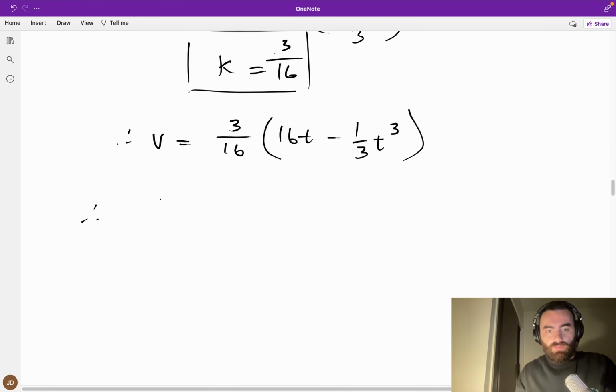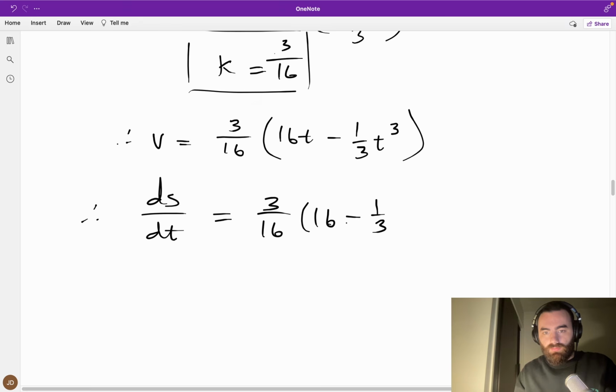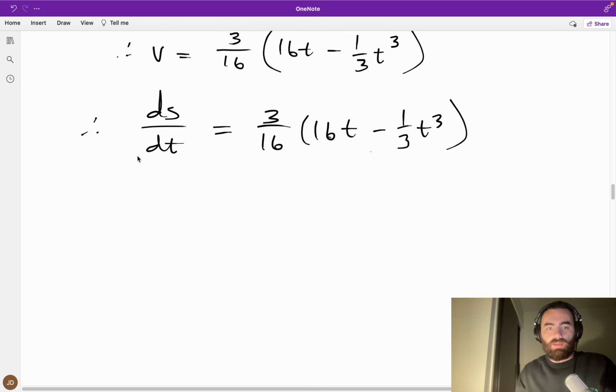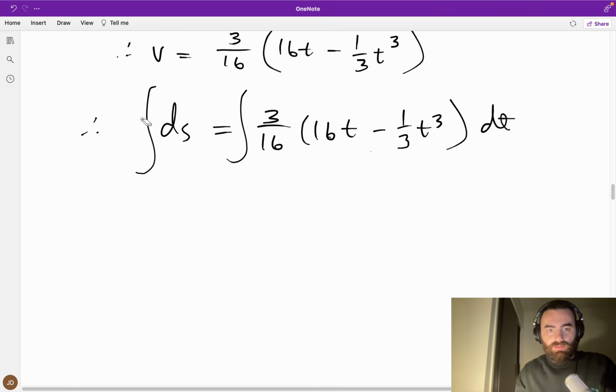Therefore ds by dt equals 3 over 16 times 16t minus 1/3 t cubed. Times through by this, integrate both sides. We get this.